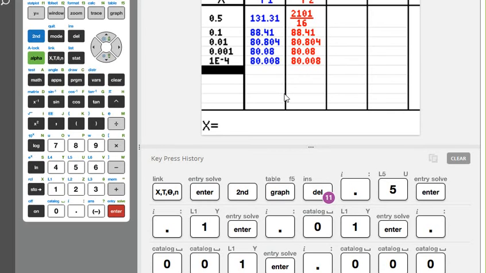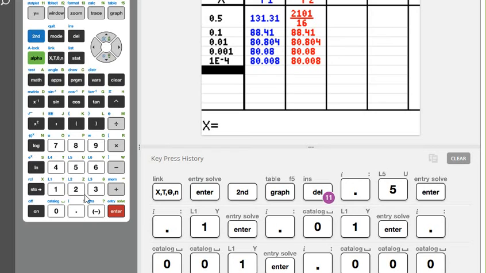If you had to guess, what y value are you getting close to? What would that be? Yeah, it looks like it's getting close to 80. But this is the limit from the right, because we're coming to 80 from the right. What if we came in from the left?